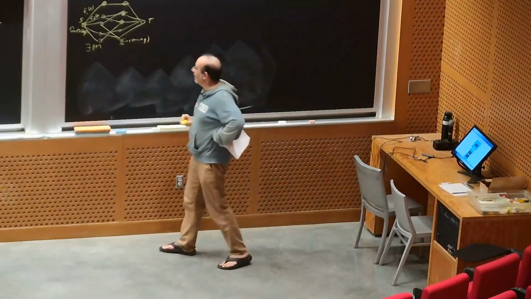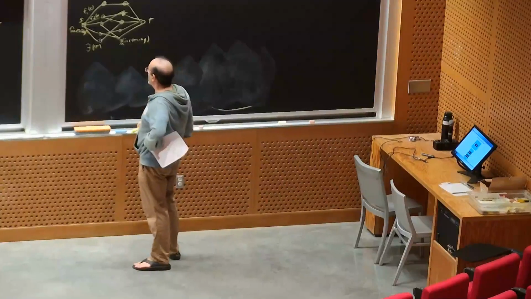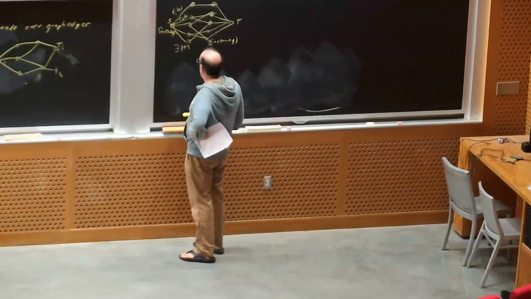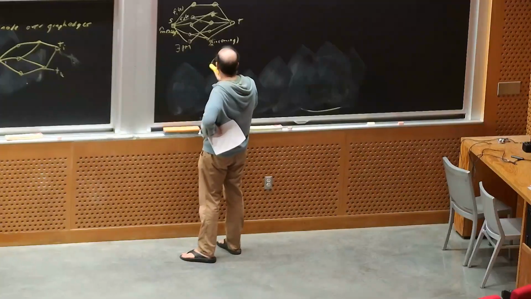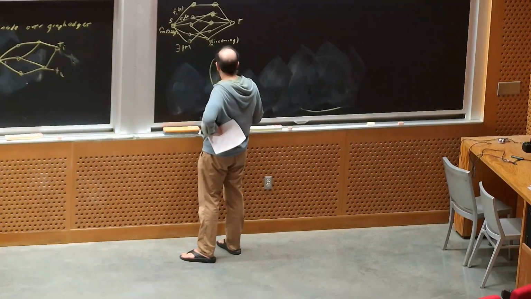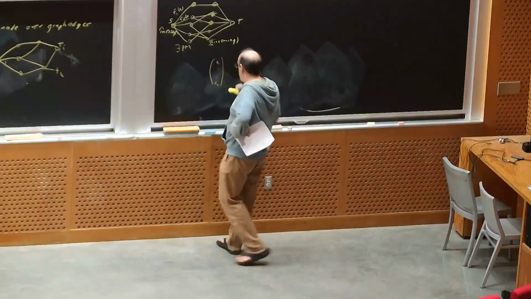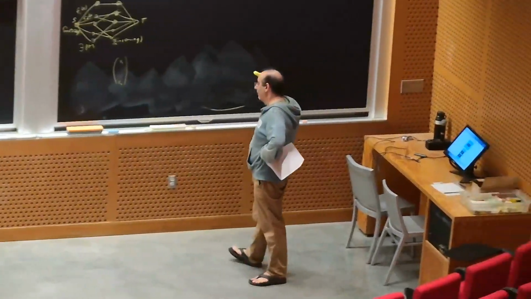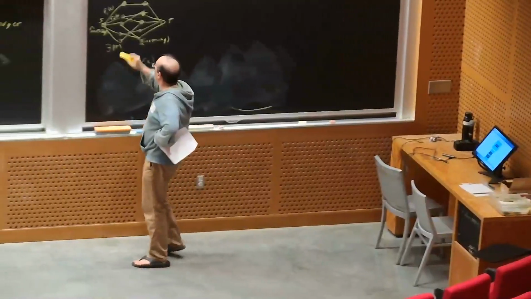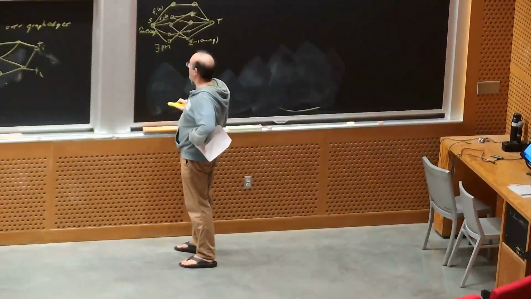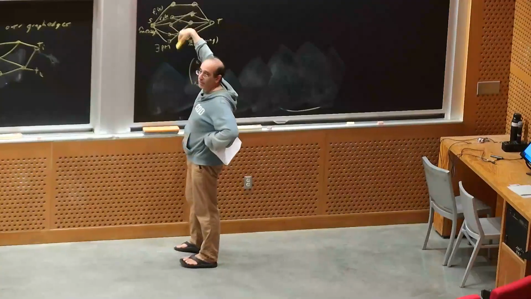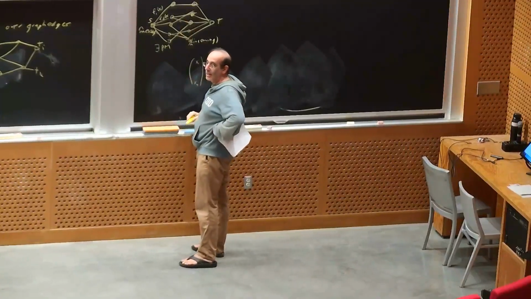So let's figure out how we would represent that. So S has these n messages, so I'll call those x1 through xn. And what's going to happen is that S is going to generate some linear combination of the messages for each of the vertices that it's sending to.